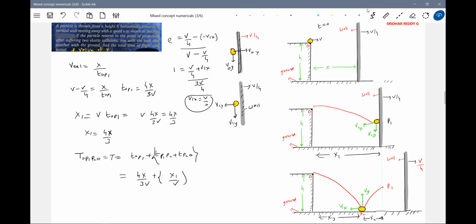Read the question, I'll adjust the diagram. This will be sufficient. At a height R by 2, it will come and strike. So it will strike at a height R by 2. Height R by 2 is this one.